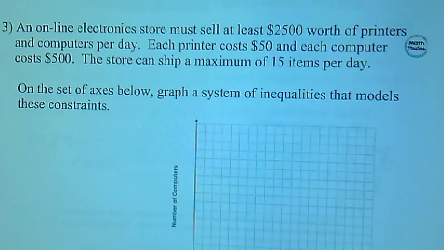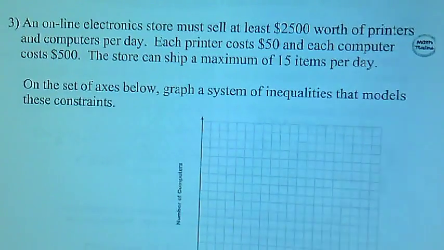A constraint is basically just, I want to write my systems of inequality that represent the word problem. What's going to be your one inequality and what's going to be your other inequality, and then we want to know where they intersect. That is our solution.